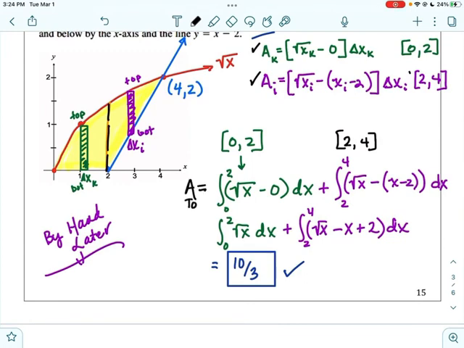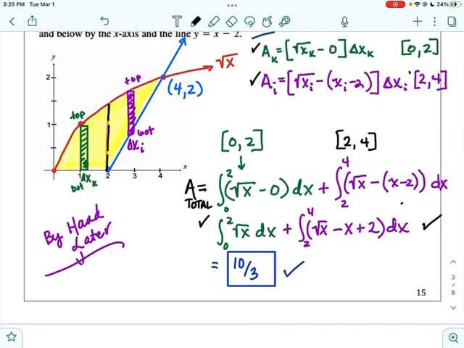I have 2 integrals: from 0 to 2, the integral of square root of x minus 0, and from 2 to 4, the integral of square root of x minus the quantity x minus 2. Simplifying a little bit, these integrals are fairly easy, so I'm going to leave it to you guys. It turns out to be 10/3 for the area.